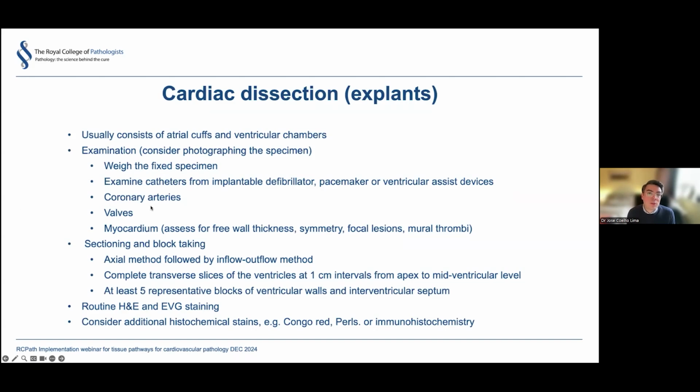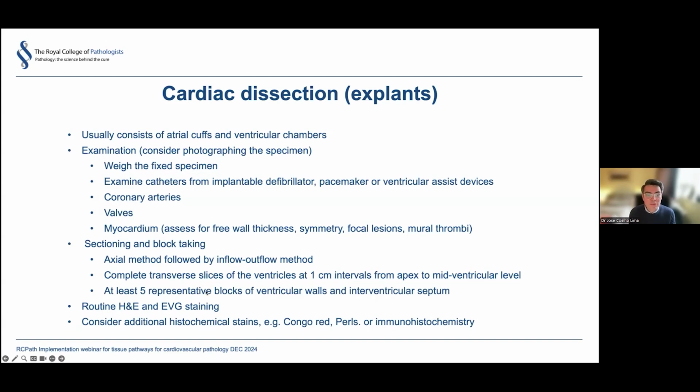And thorough examination of the coronary arteries, the valves, and the myocardium, assessing for the wall thickness, for symmetry, for the presence of focal lesions or mural thrombi is also recommended. We also recommend that the heart should be sectioned using the axial method, performing complete transverse sections of the ventricles at 1 centimeter interval from apex to the mid-ventricular level.